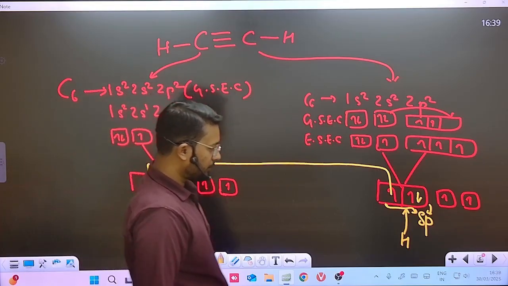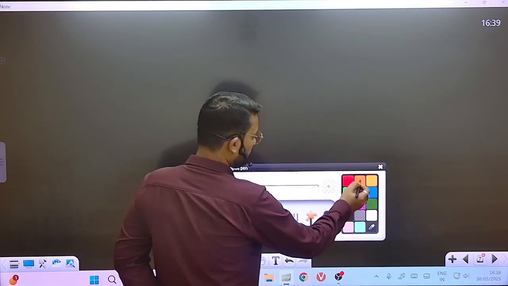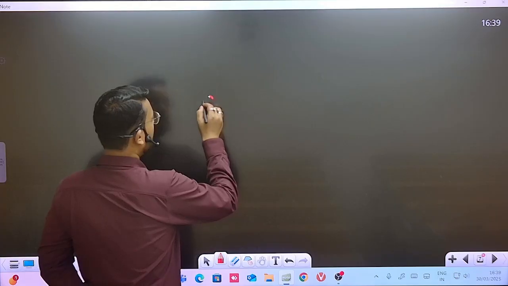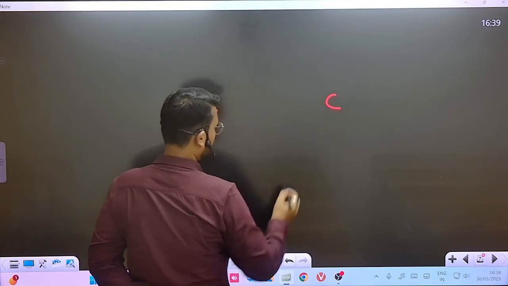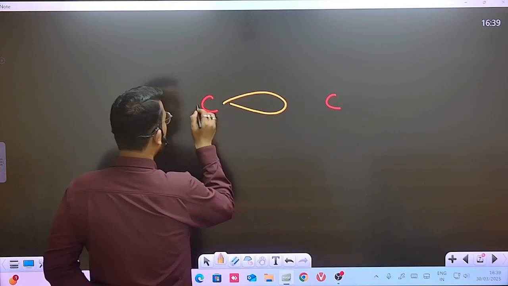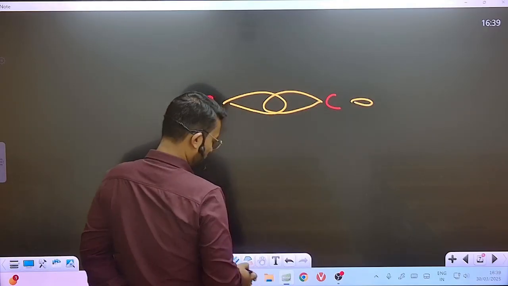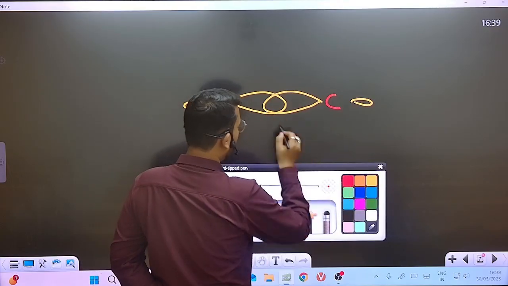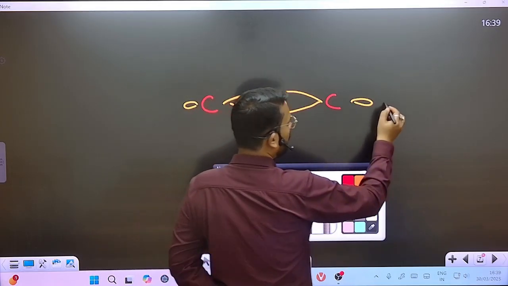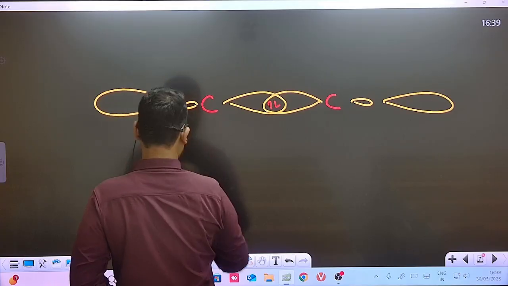Now let's see the structure. This is the carbon, this is the other carbon. It has 2 hybrid orbitals which are pairing with each other first, and the next is pairing with hydrogen.